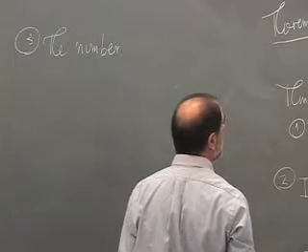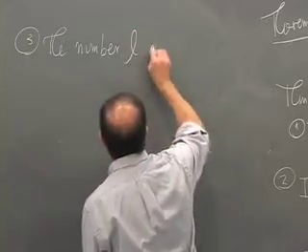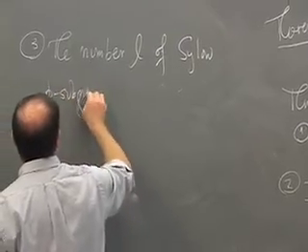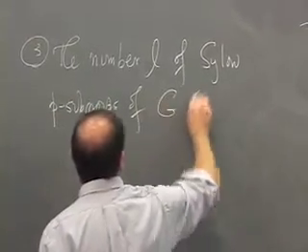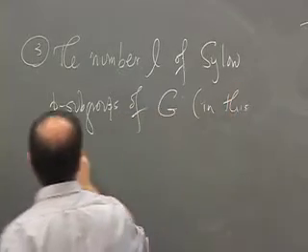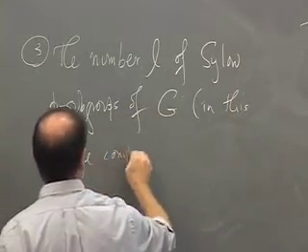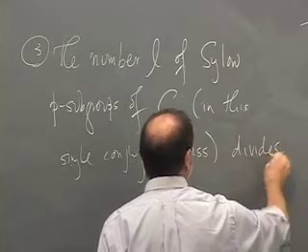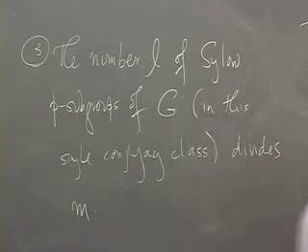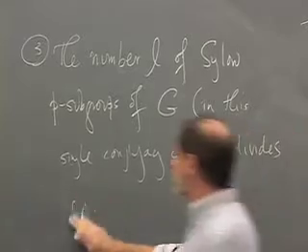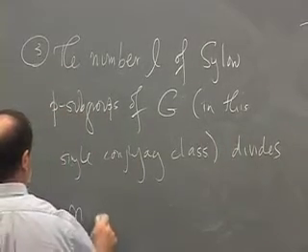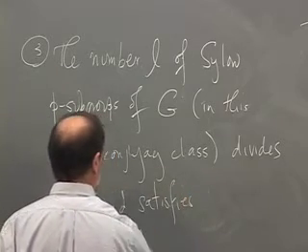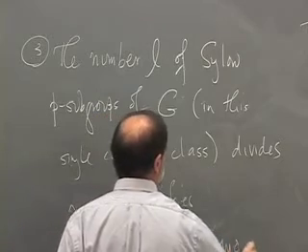The number L of Sylow p subgroups of G in this single conjugacy class divides n, the number that's left over, divides n and satisfies L congruent to 1 mod p.